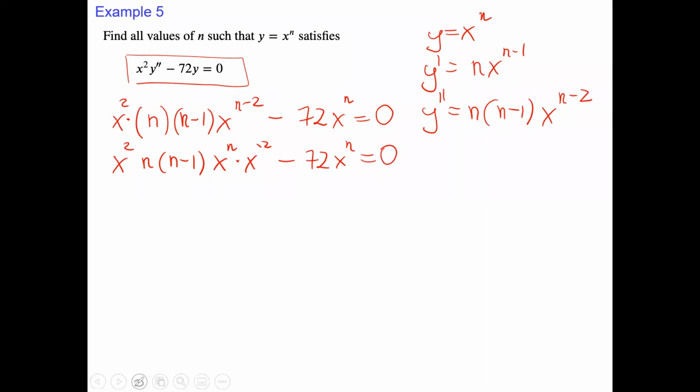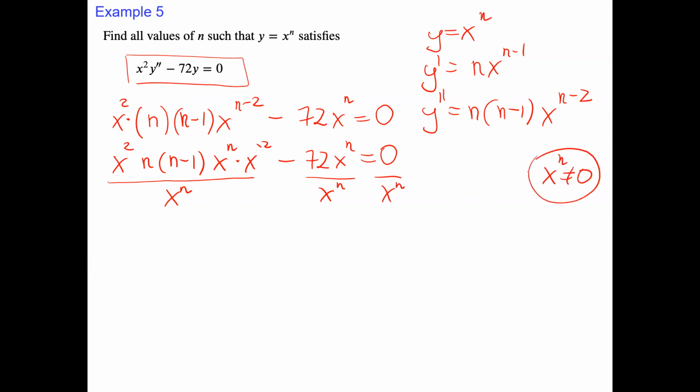We can divide by x to the power of n because we see it here and here. To not be confused, I can take this term and divide by x to the power of n, of course saying that this is not 0, because we're not even allowed to divide by 0. So we have to make this comment. This is gone. 0 divided by x to the power of n is still 0.